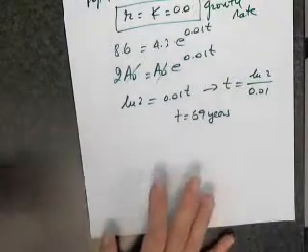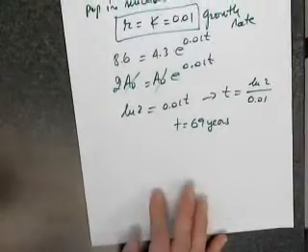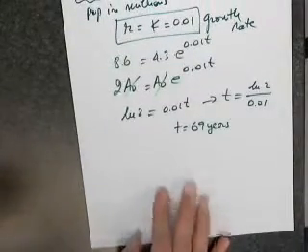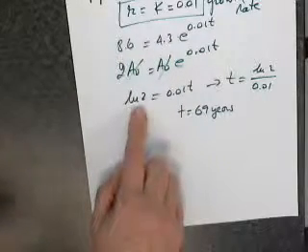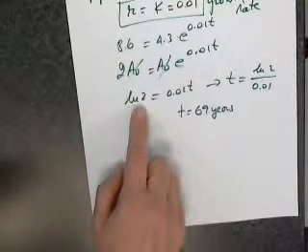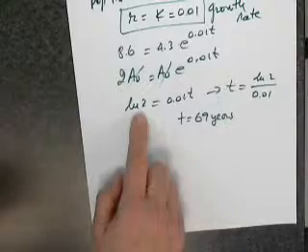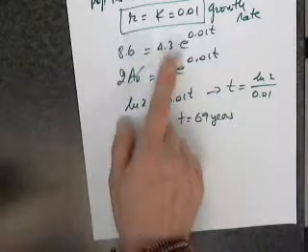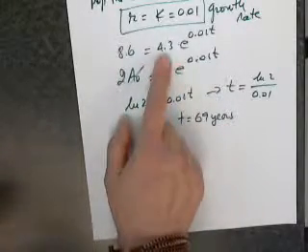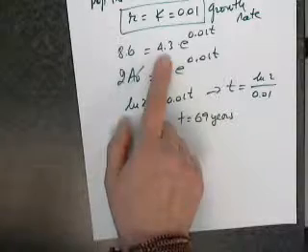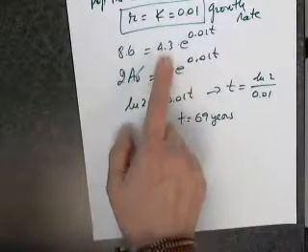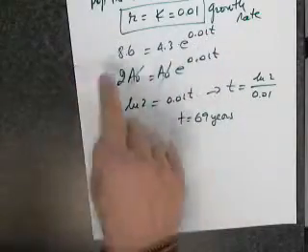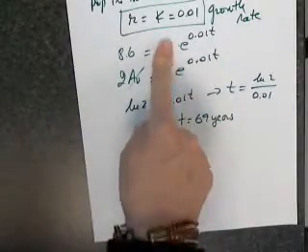Okay, so it's 8.6 equals 4.3 times e to 0.01 t. You have to divide both sides by 4.3 and you'll still get 2. You cannot apply natural log in this case. You have to separate the variable from the rest, so you have to get rid of this.